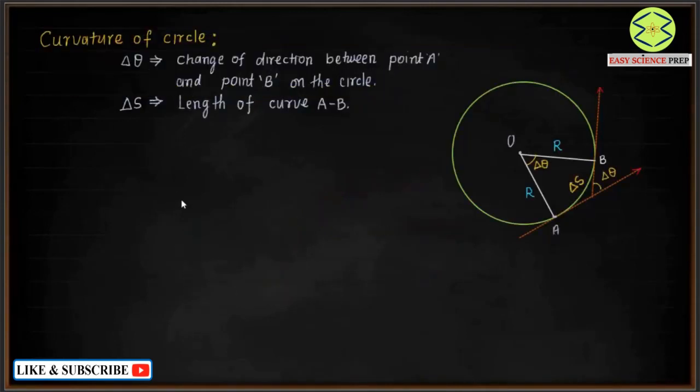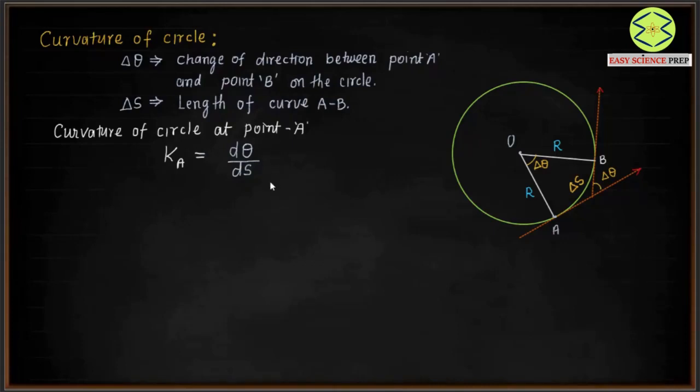Here, if I want to find the curvature of the circle at point A, because curvature is defined at a particular point, the curvature K at point A is the rate of change of direction, given by d theta, because theta represents how much the direction is changed, with respect to the length of the curve, that is ds, where s represents the length of the curve. This mathematically represents the rate of change of direction of the curve with respect to its length, and this we are finding at point A.